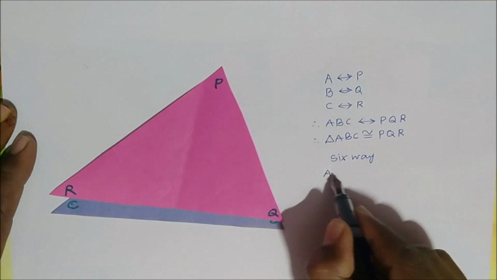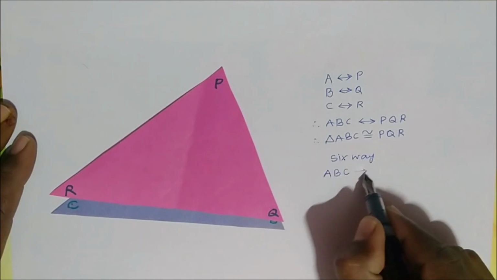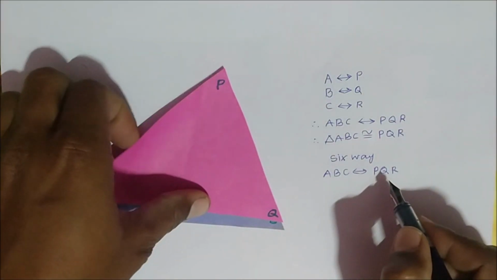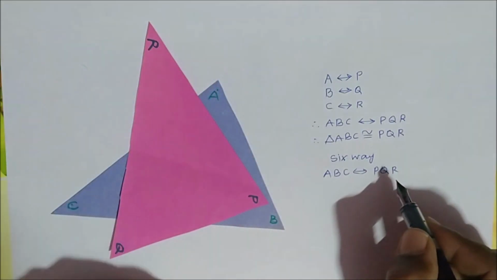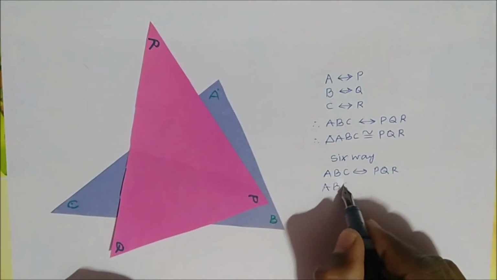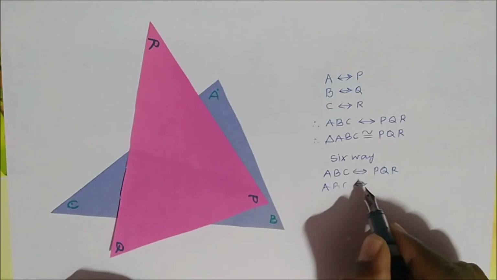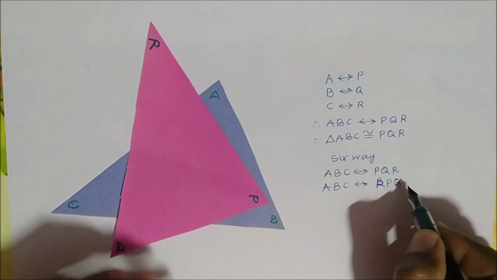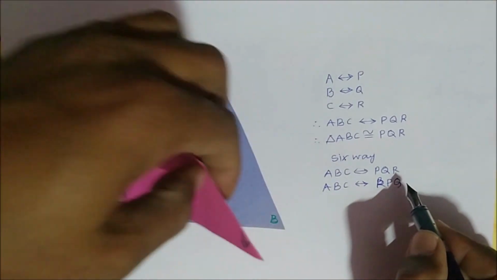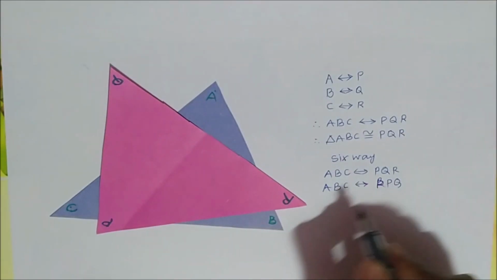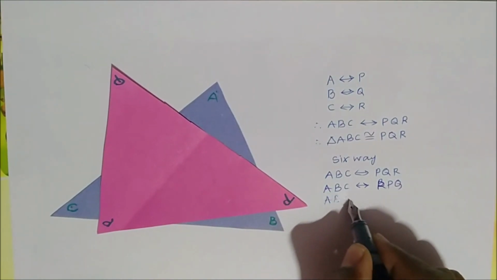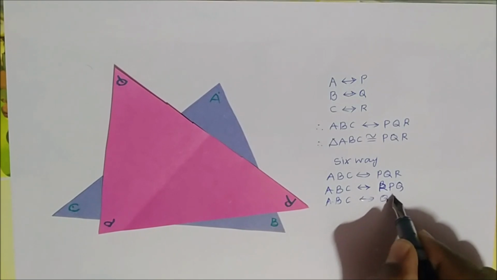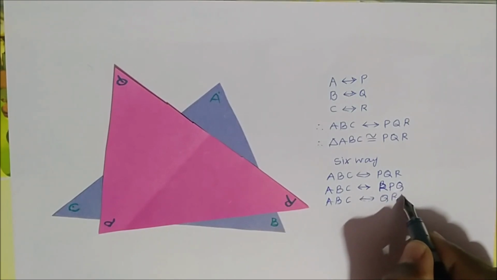So, the 6 ways to write the congruence. One: ABC one-to-one correspondence PQR. Next, ABC one-to-one correspondence RPQ. ABC one-to-one correspondence QRP.